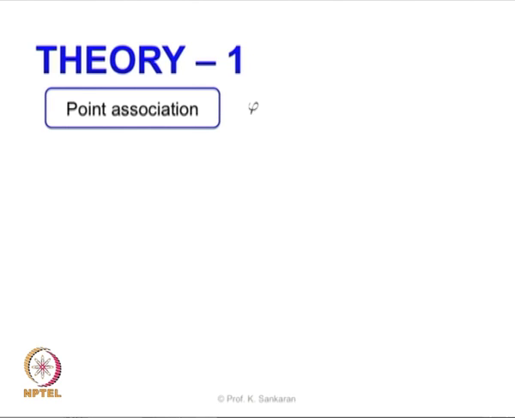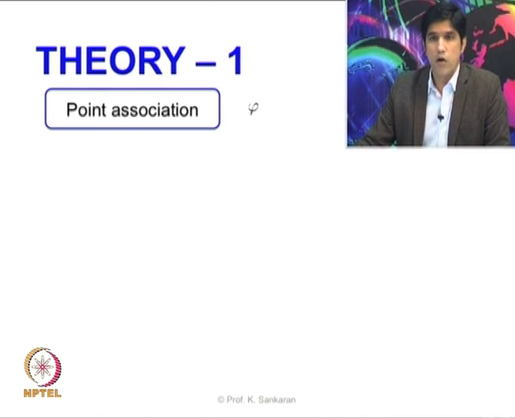So when you see a point association, what we call here phi is nothing but electric scalar potential. So the electric scalar potential is defined on a particular point. It does not make sense to define a potential along a surface, along a volume, because it does not make sense physically.